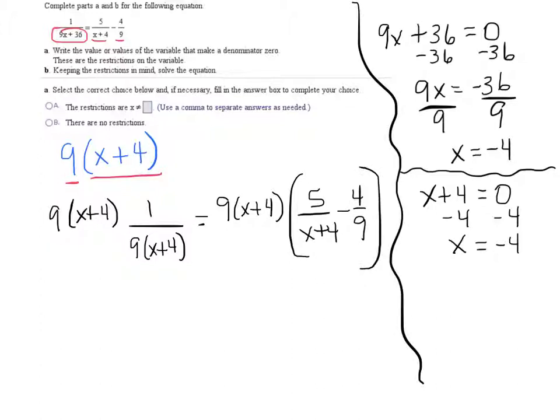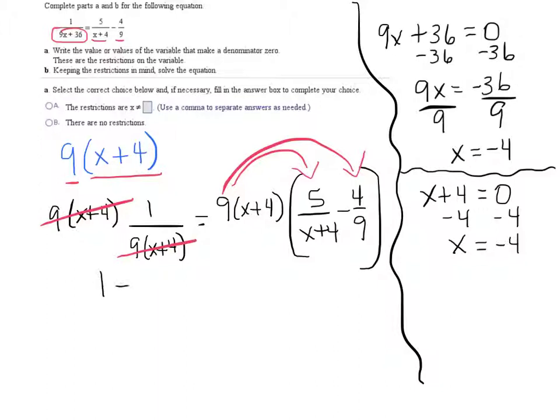I'm going to draw a line so that I can separate this a little bit. But I'm going to have to distribute this and multiply it by both of these terms here on this side of the equation, just like I did on the last one. Now these match perfectly, so that it goes into itself one time. So all I have left on this side of the equation is a 1.